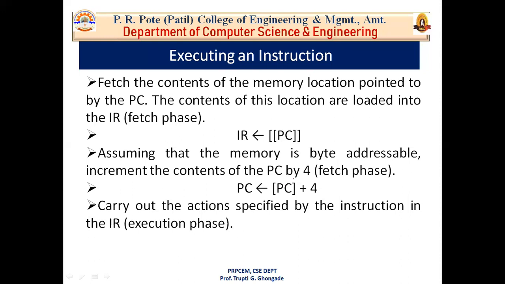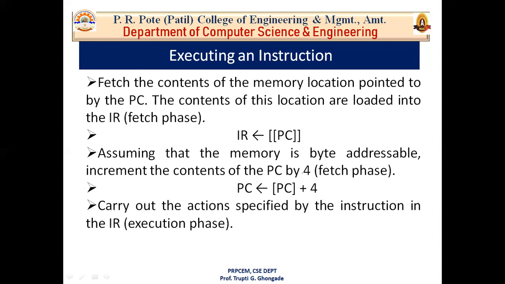Now, when we increment the contents of PC by 4, your system is 16-bit addressable. 16-bit means 2 to the power 4. That means your word is divided into 4 bytes, and that's why your PC is incremented by 4. If your system is a 32-bit system, we will increment your PC by 5.